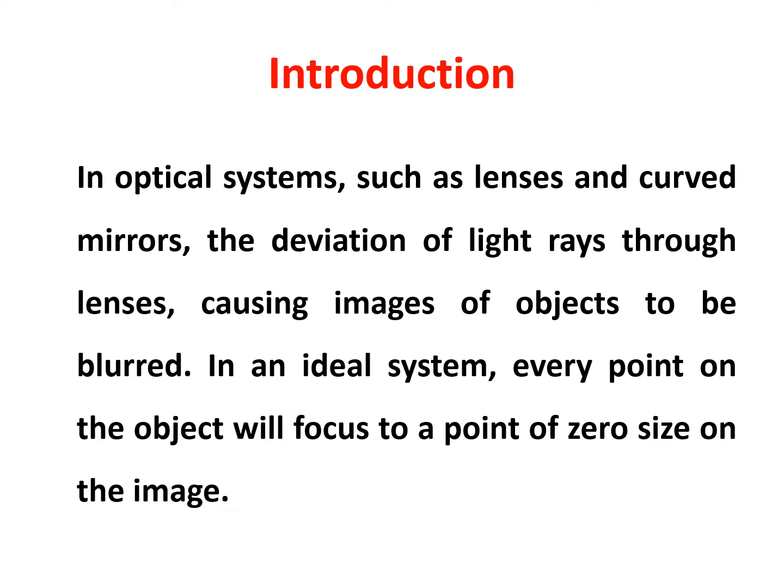In an optical system such as a lens or curved mirrors, that is, lenses are nothing but curved mirrors, the deviation of the light through the lenses causes the image of the object to be blurred. It will not be clear, it is a blurred image. In an ideal system, every point of the object will focus to a particular point on the image. Okay, if there is any deviation, this is called aberration.